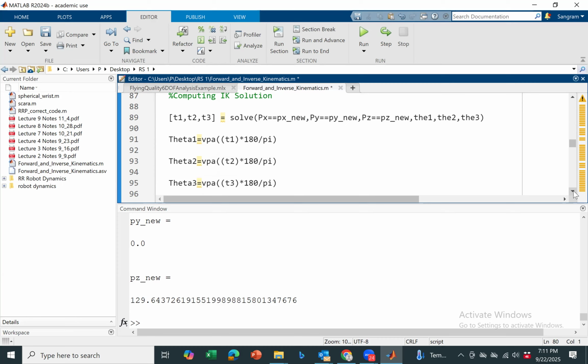You should open the robot software interface, substitute the values for theta 1, theta 2, theta 3. The robot interface will give you px, py, pz, and your robot will physically move to that px, py, pz. The answers that you get from the MATLAB script should be the same answers that you get from the robot.